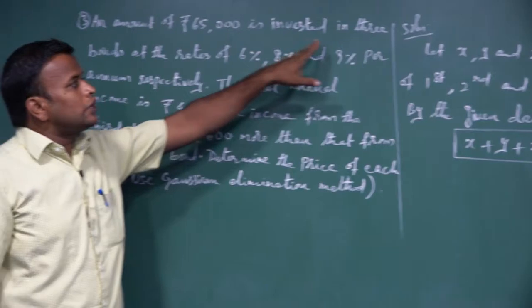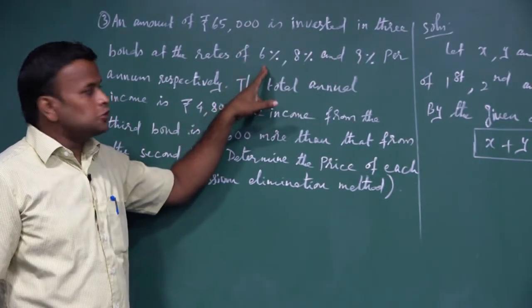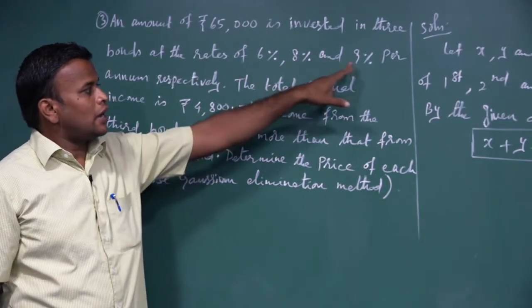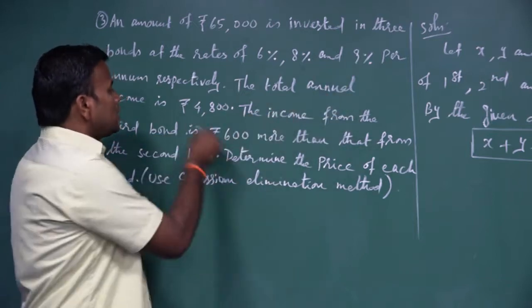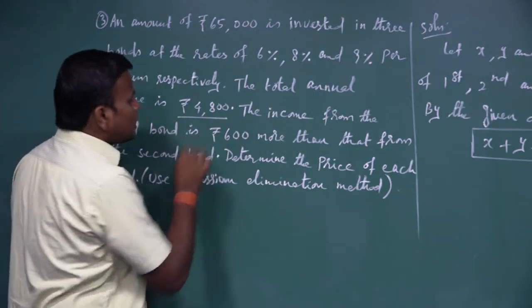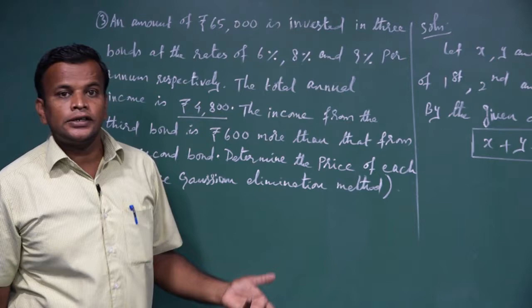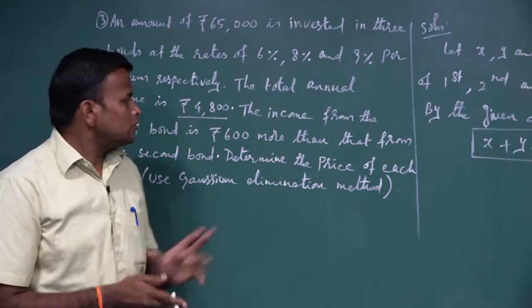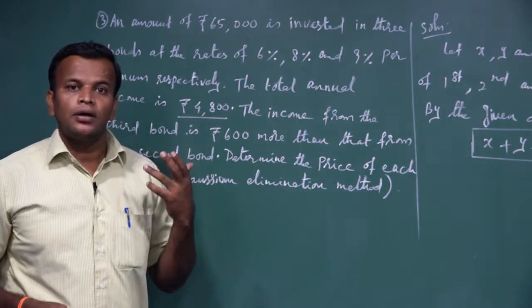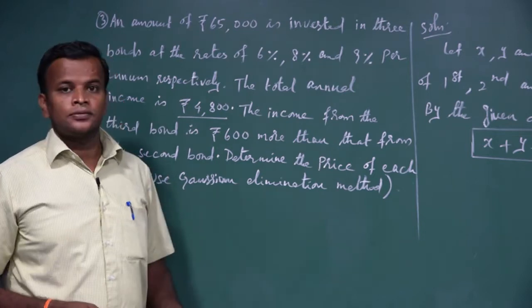Next, the rates of interest of the bonds are 6%, 8% and 9%, and the income value is 4,800 per annum. So how to write it?